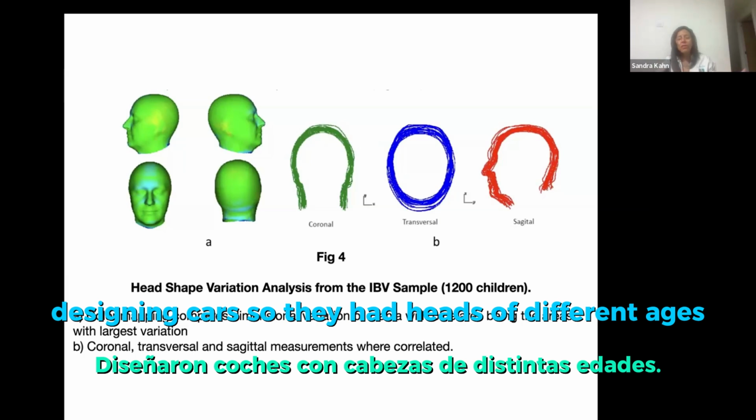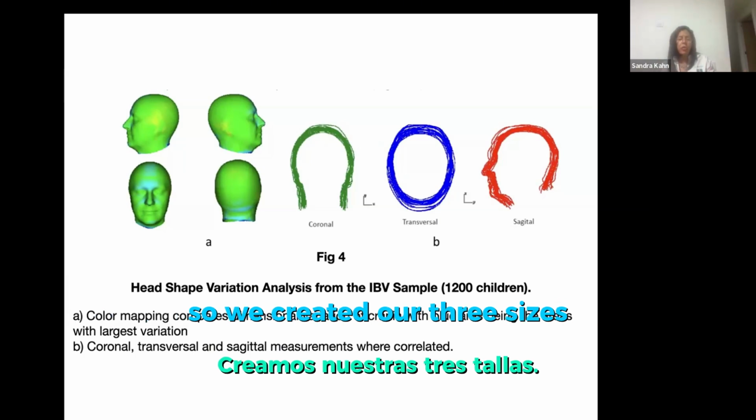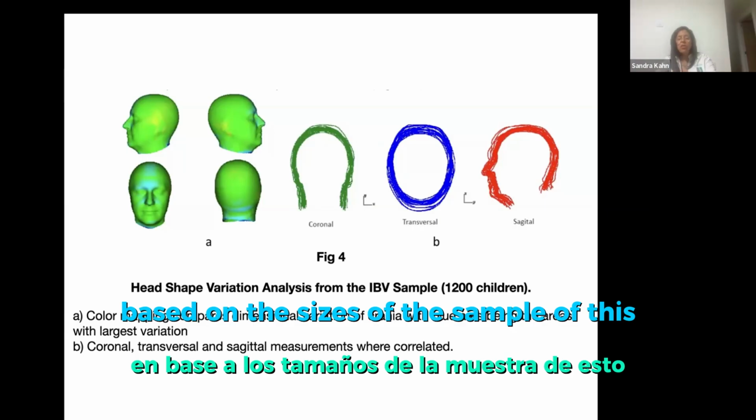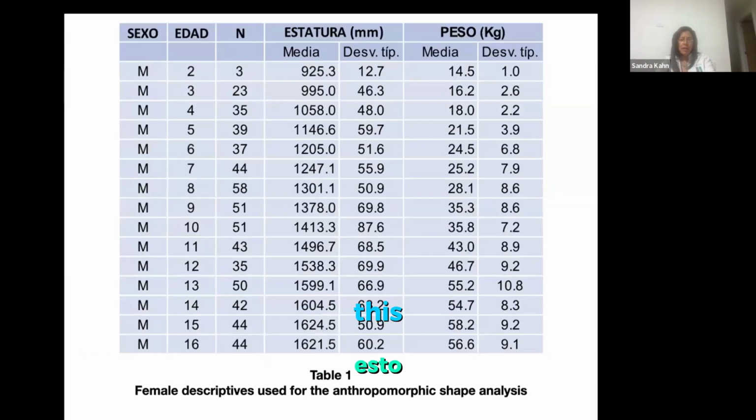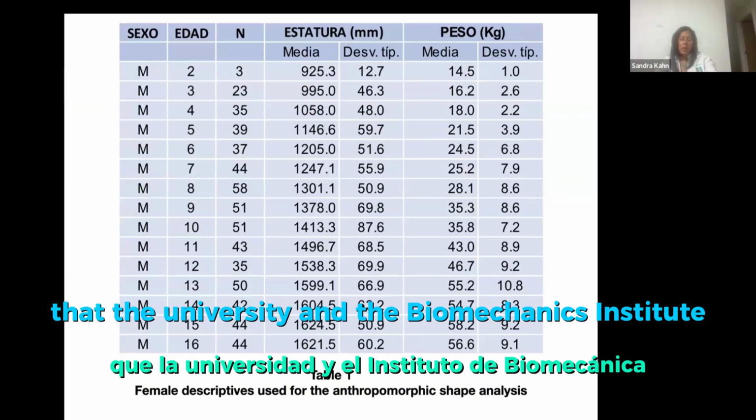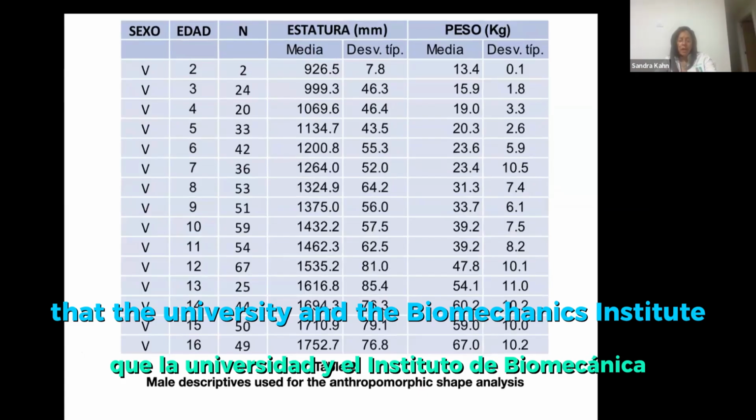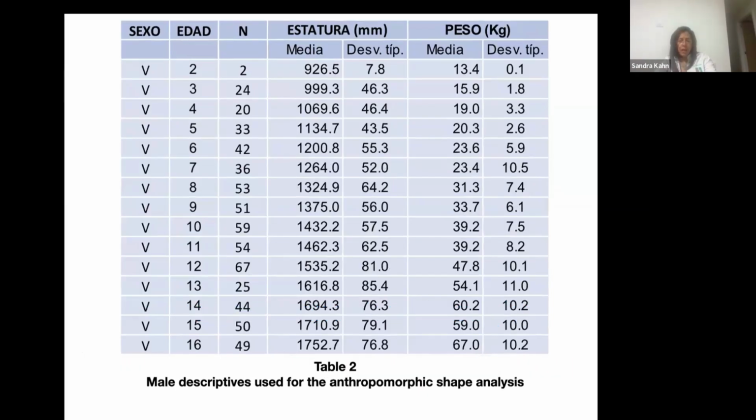So they had heads of different ages. So we created our 3 sizes based on the sizes of the sample, with the algorithm that the university and the Biomechanics Institute helped us with.